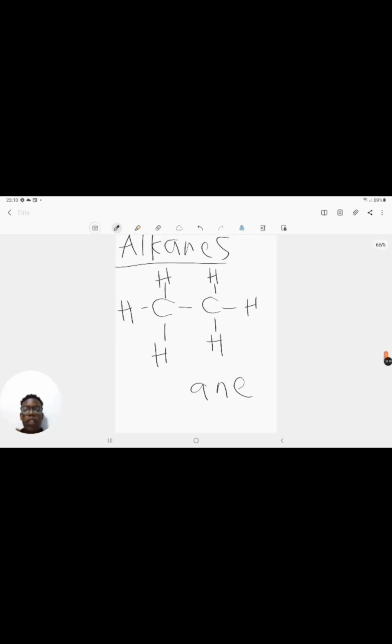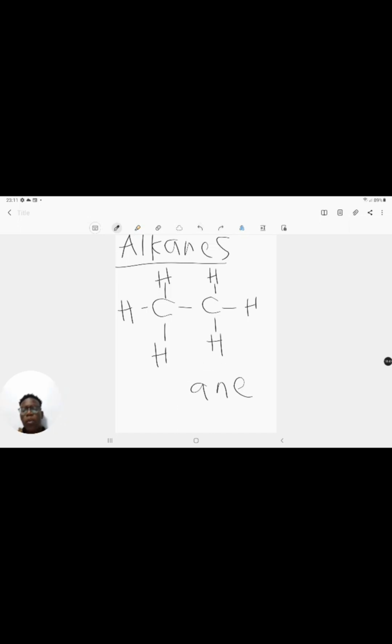How do I know that? Because all the bonds are single bonds, and for alkanes, the bond between any two adjacent carbon atoms is a single bond. So it's an alkane. Therefore, the surname is ane.